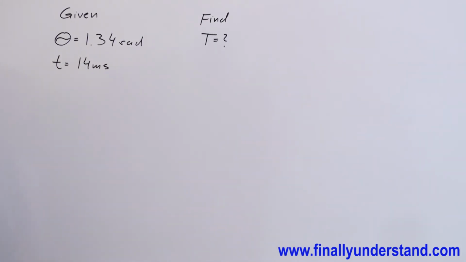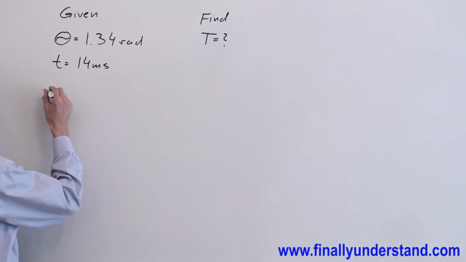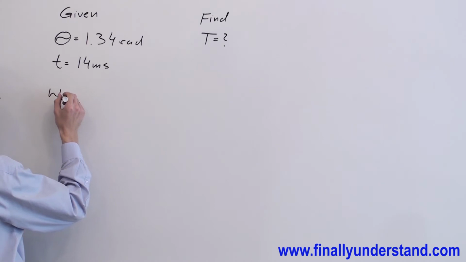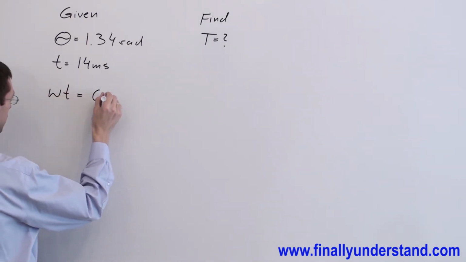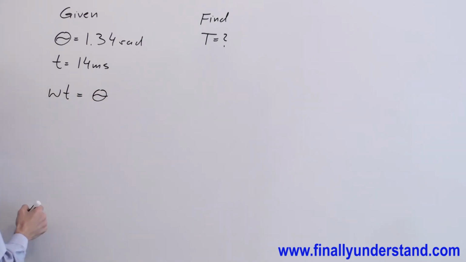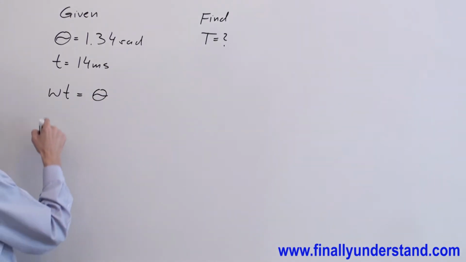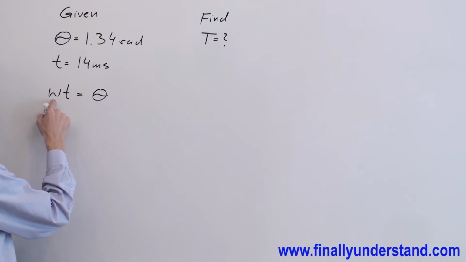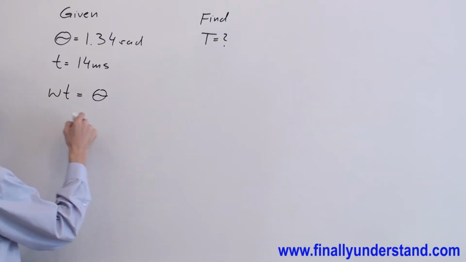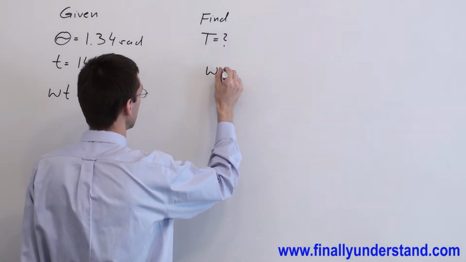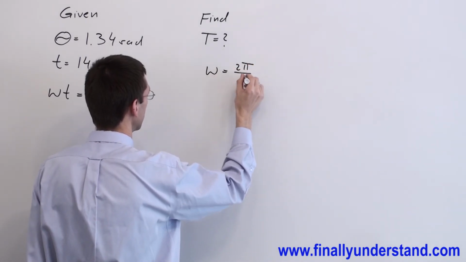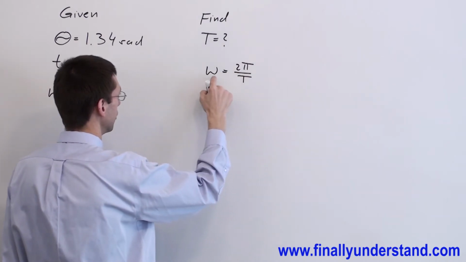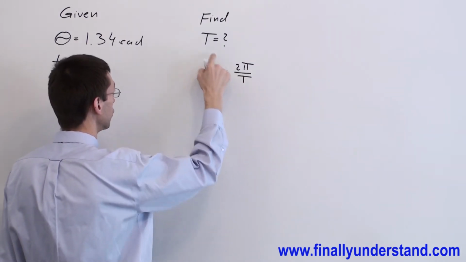Please remember that omega t, angular velocity times time, is equal to angle, theta. I'm looking for omega. Why am I looking for omega? Because omega, angular velocity, is equal to 2 pi over T. Omega contains the period, and I'm looking for the period.